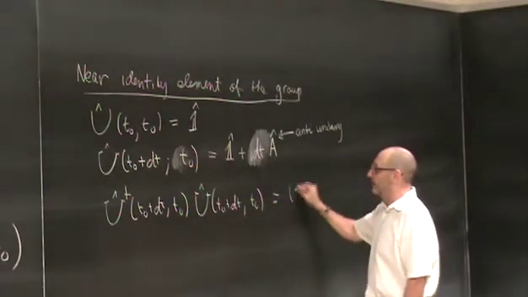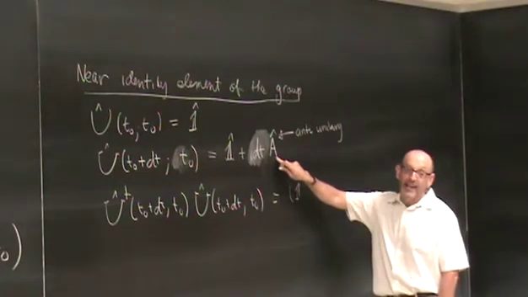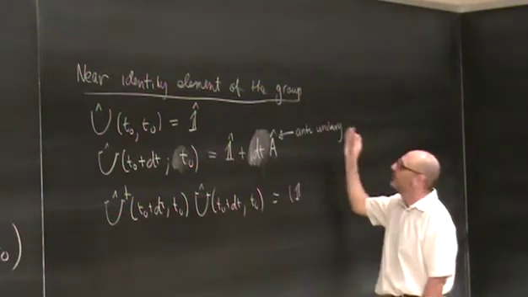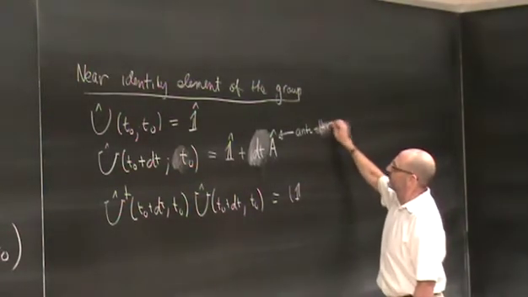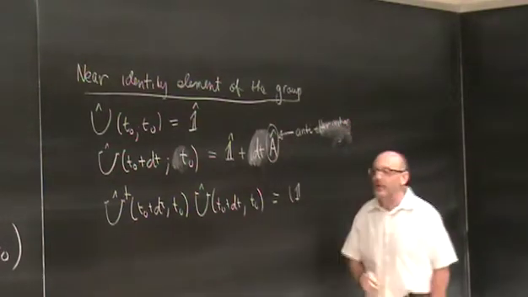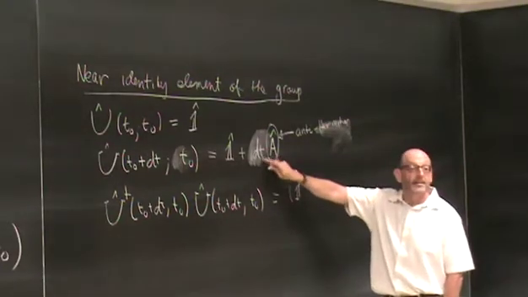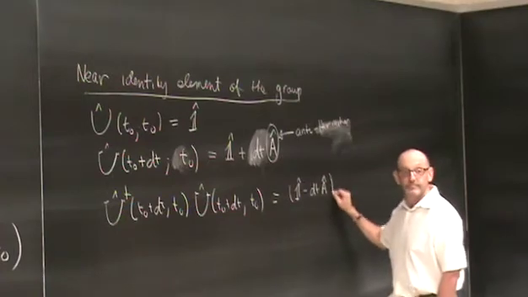Well, U dagger becomes A dagger, and A dagger is minus A, because this is anti-Hermitian. So if this is anti-Hermitian, when I take the dagger of it, I get minus A, right?